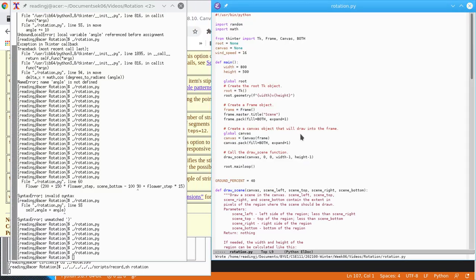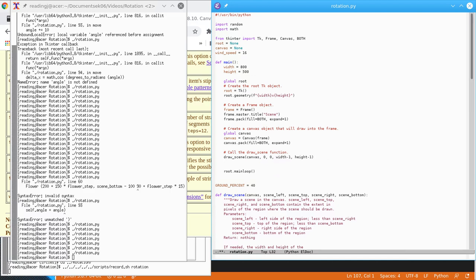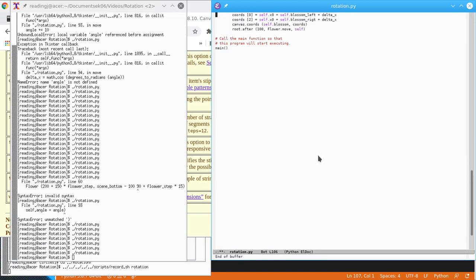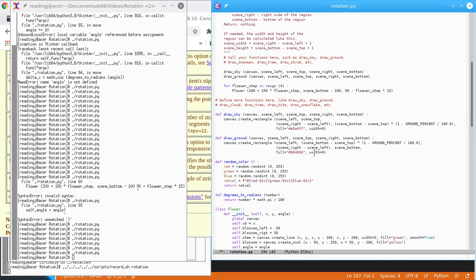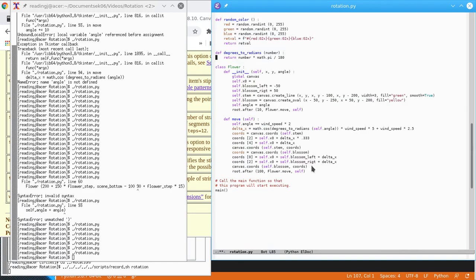But now if we want to make this adjust wind speed, somewhere down here we'll have a global function. So it's going to be def adjust wind speed.